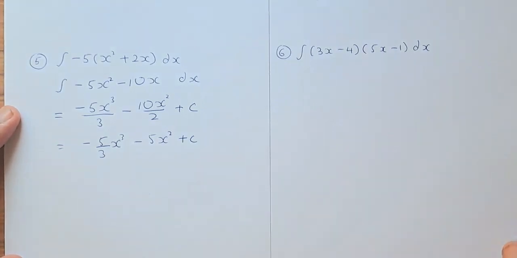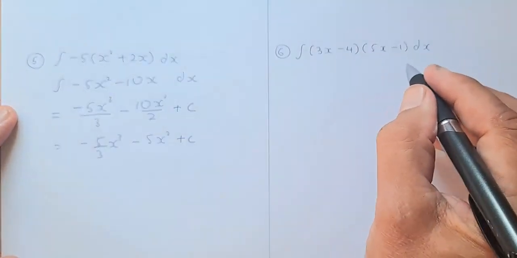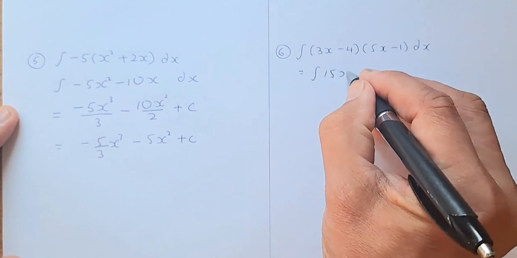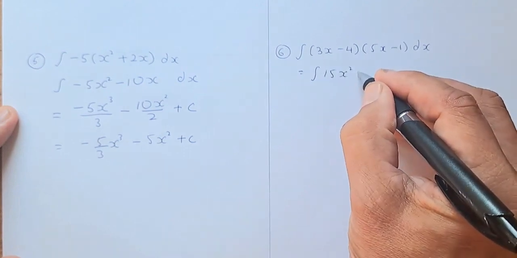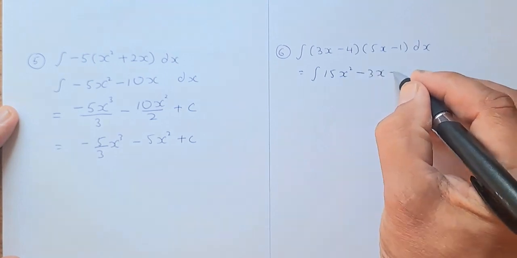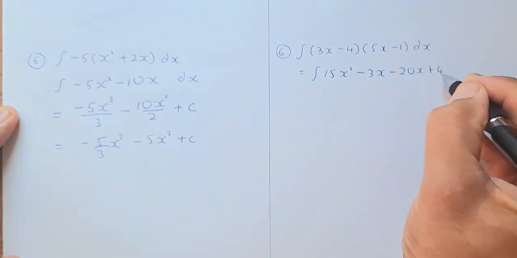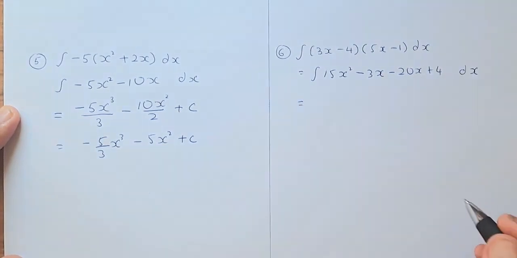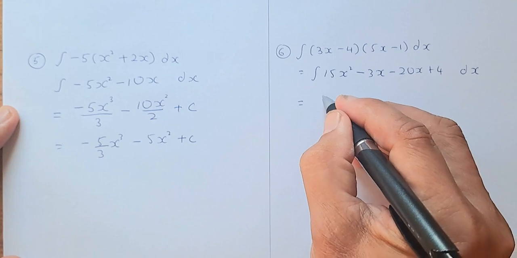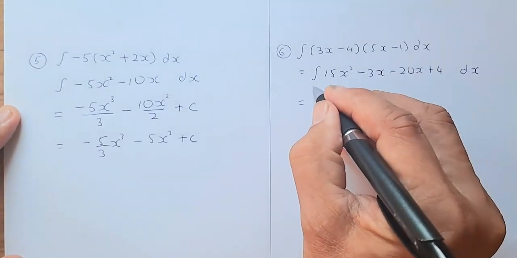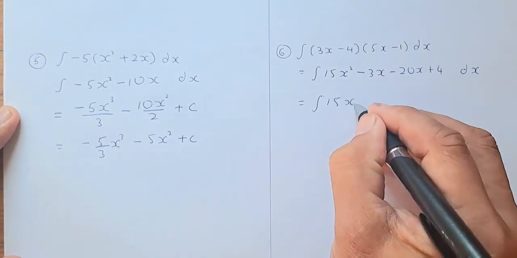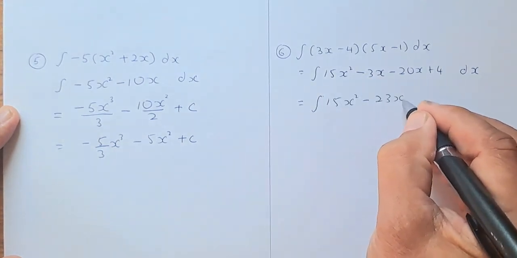And the last but not least, this is the hardest of the lot. You have to expand this expression first. So you're going to get 15x squared minus 3x minus 20x plus 4 dx. Then you're going to integrate now. No, you simplify that first, because there's a like term there. 15x squared minus 23x plus 4.